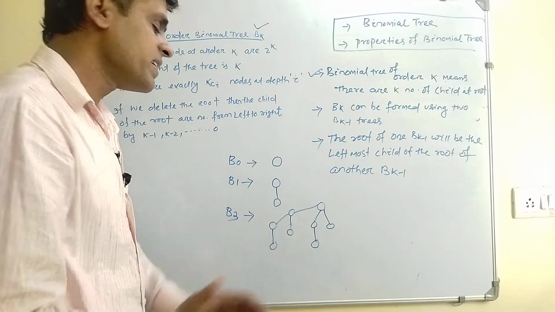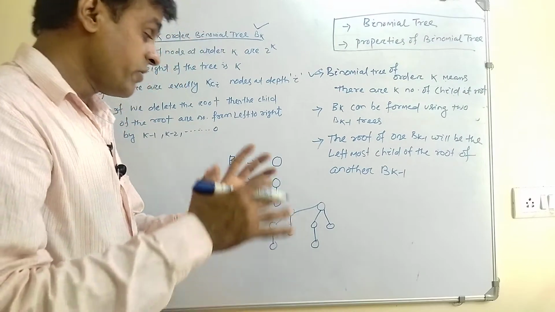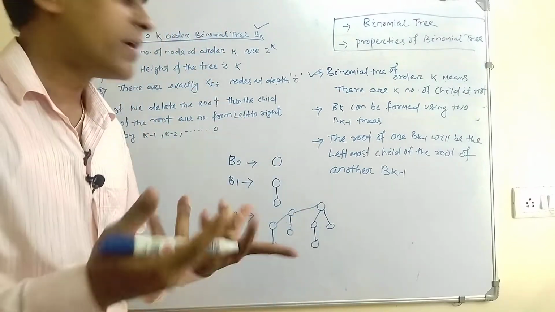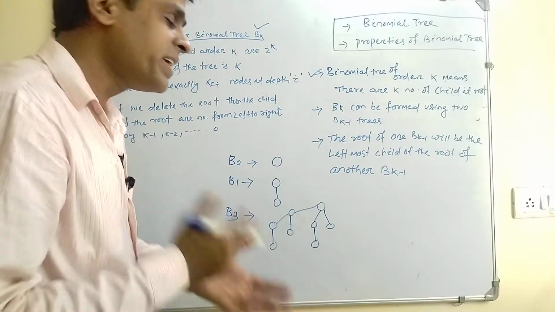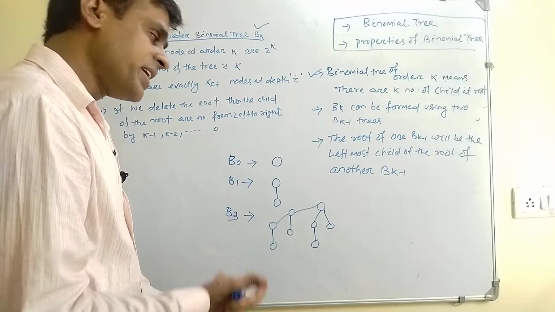Now if you want to construct a binomial tree of order 4, then you have to take two binomial trees of order 3. This is one binomial tree of order 3.